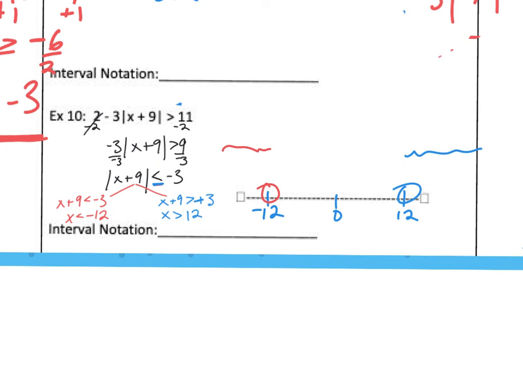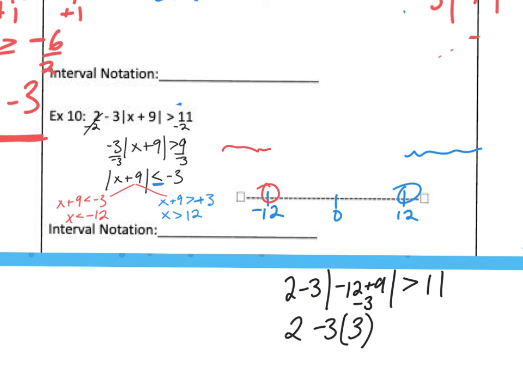But let's check our extraneous solutions and see what we've got. We'll go back up to the original. 2 minus 3 times the absolute value of negative 12 plus 9 is greater than 11. Negative 12 plus 9 is going to be negative 3. Absolute value of that is a positive 3. 2 minus 9 is going to be negative 7. Is negative 7 greater than 11?